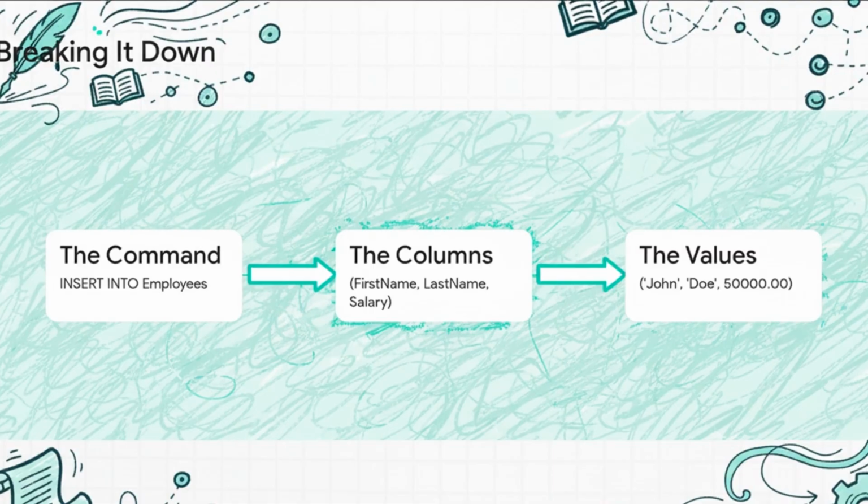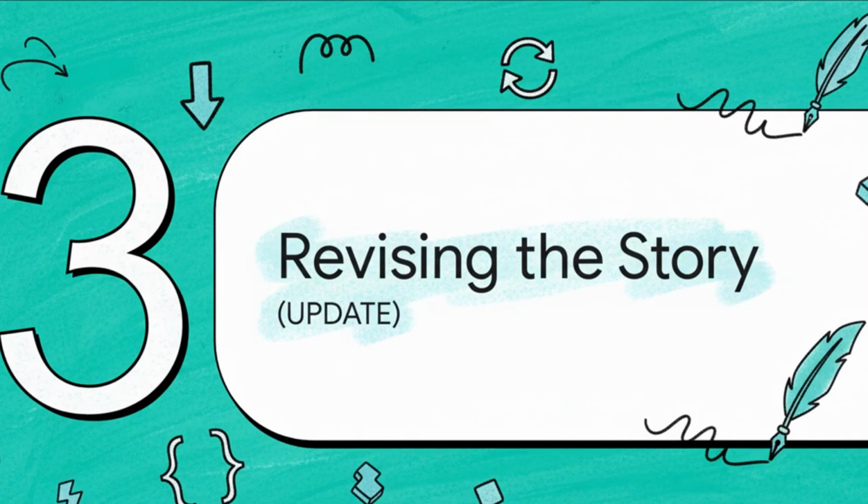See? It's really just three simple pieces. First up, the command itself. Insert into employees. Second, you list out the columns you're targeting, first name, last name, salary. And third, you plug in the matching values. John, Doe, 50,000.00. Boom, done.